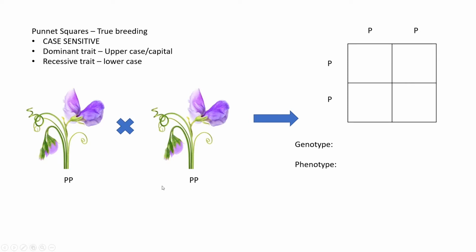These two plants, we'll call them parent plants, each have two alleles coding for purple flowers.